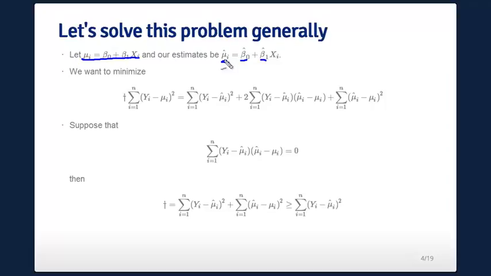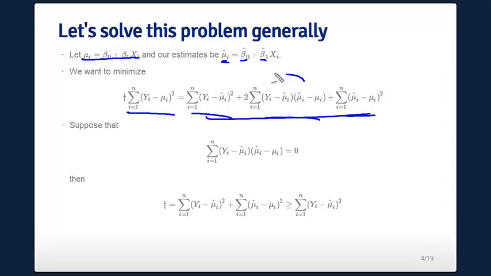Okay, so we want to minimize the sum of yi minus mu i squared, where I've now replaced beta naught plus beta 1 xi with mu i. Well, why don't we add and subtract mu i hat, like we did with the mean when we didn't have a regression line and just wanted to do the mean, and then expand that square, and we get this set of equations right here.